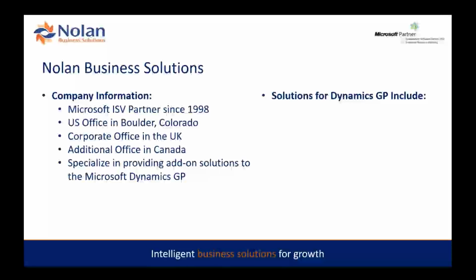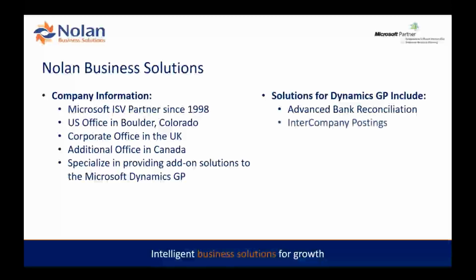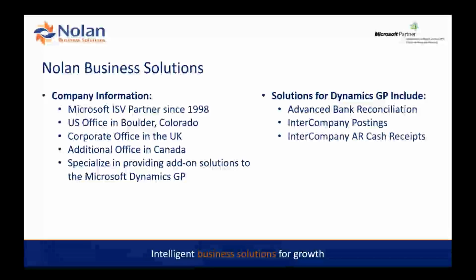Our product portfolio includes Advanced Bank Reconciliation, which focuses on automating an organization's bank reconciliation process and improving its cash management function. Intercompany Postings, which will be the focus of today's presentation, helps simplify transaction processes and GL posting distribution between related companies.